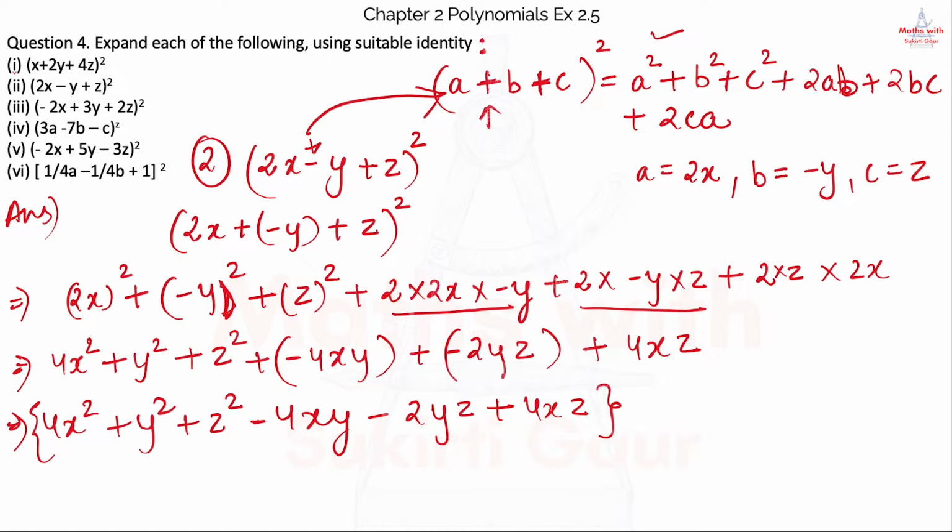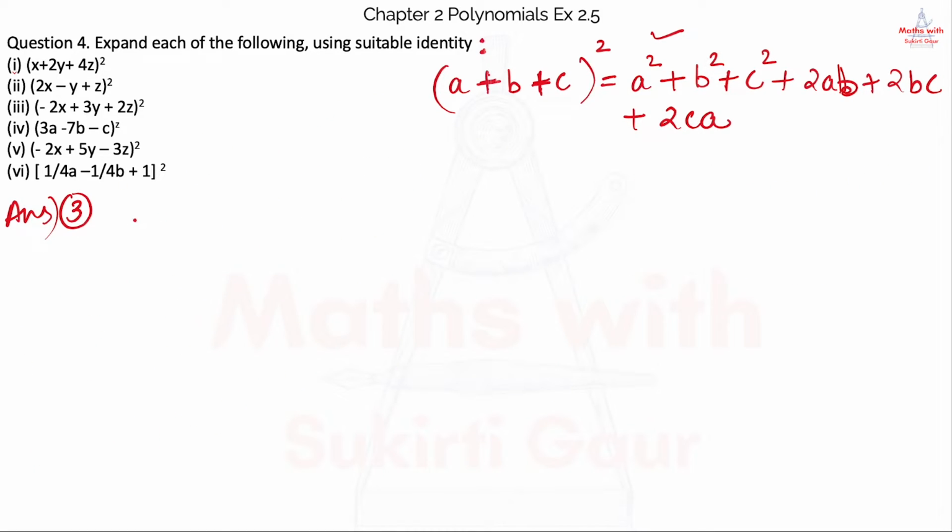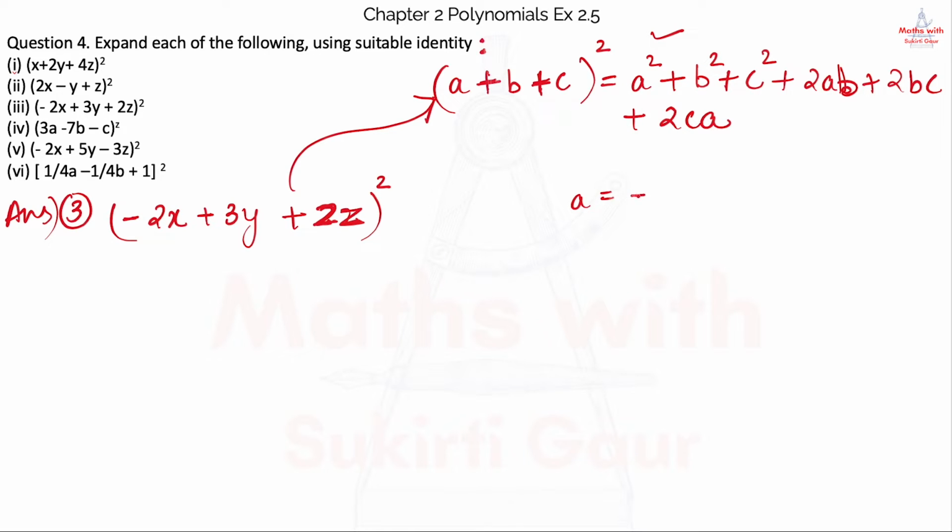Coming on to the third one. Third part is (-2x + 3y + 2z) whole square. Again, compare this one with this. What will be our a? a will be minus 2x, right?